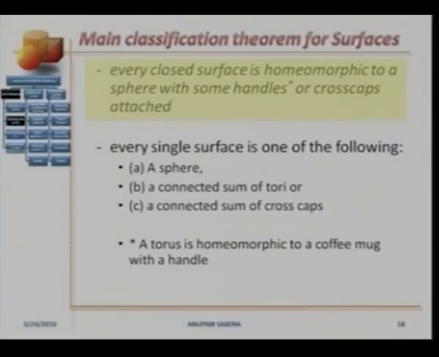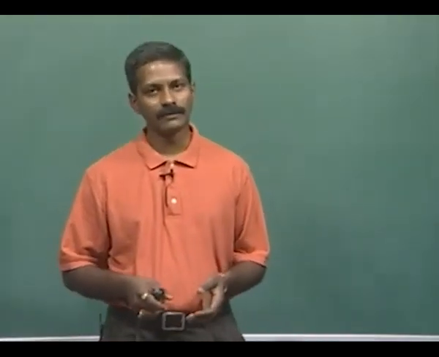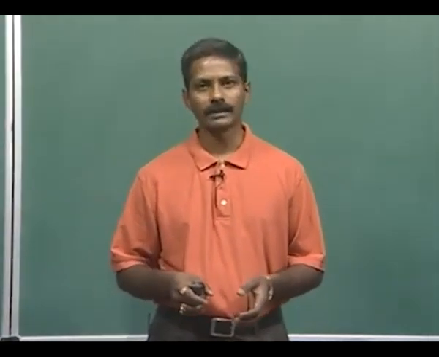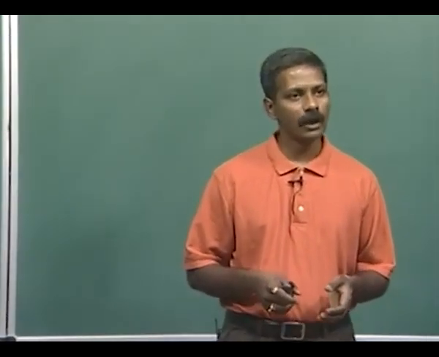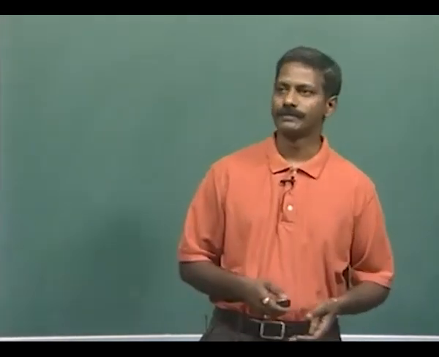Since we are not dealing with self-intersecting surfaces, for us it is the first two, either a sphere or a connected sum of tori. It was the Jordan's curve theorem and the main classification theorem that actually set the platform for us to discuss solid modeling techniques or geometric modeling techniques from then on.